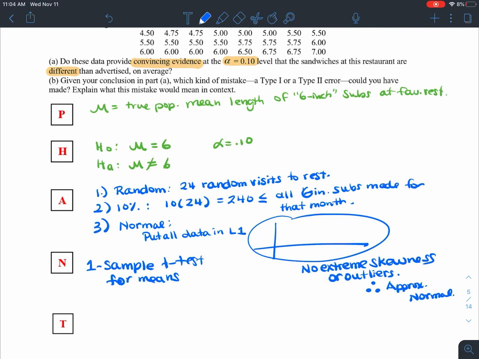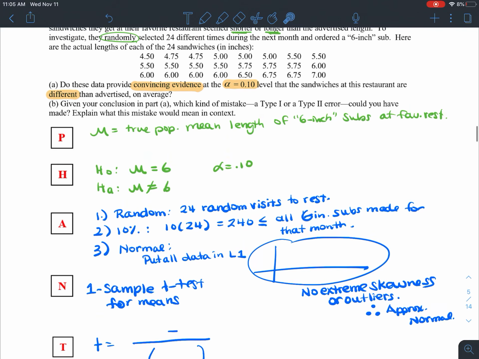Now it's time to calculate what that t-score is. Remember, the t-score is taking the statistic, which would be the average of our sample. I need X bar. I need to average all 24 of these sub lengths. If we already have the data in L1, on your calculator you're going to press the stat button.